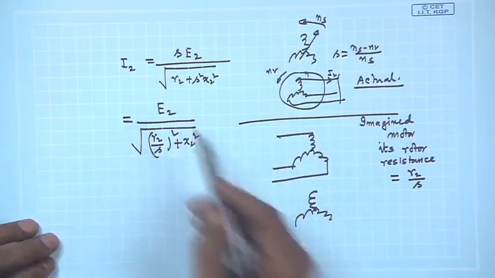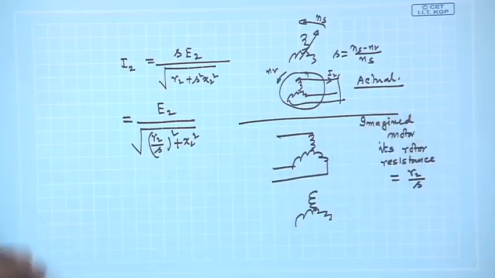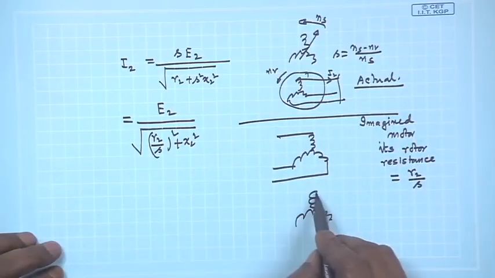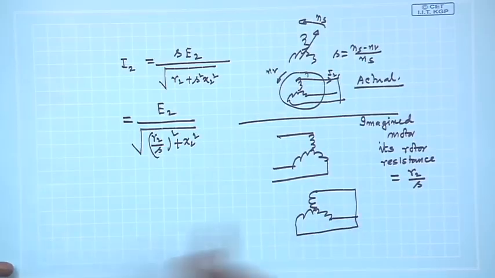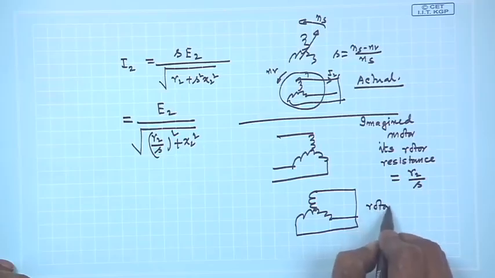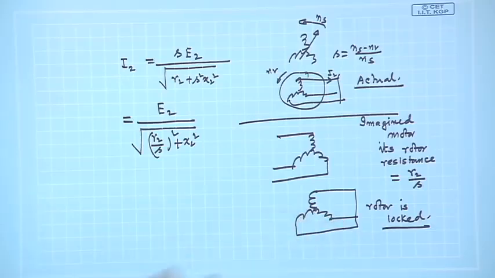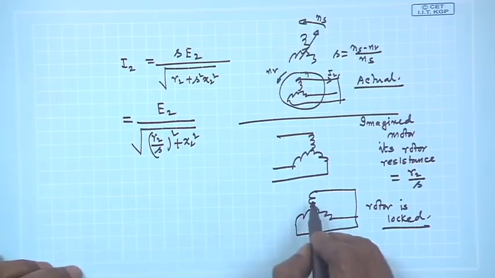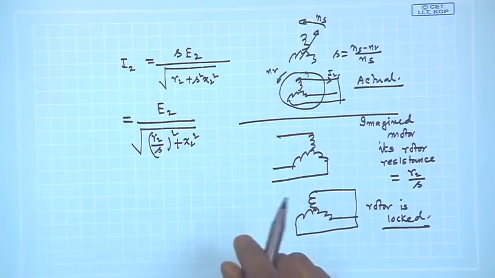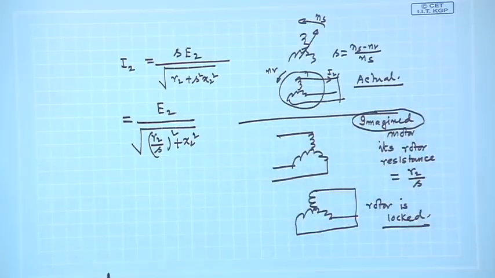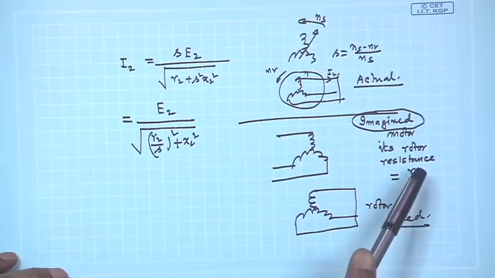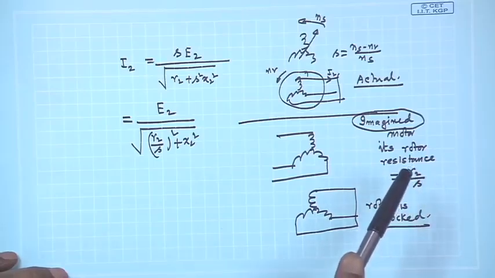Now imagine another motor whose terminals are shorted and whose rotor is locked. I will not allow the rotor to move; that is the standstill condition. Imagine such a machine whose rotor resistance per phase is R2 by S, and what is this S?